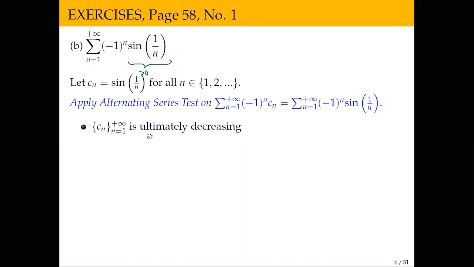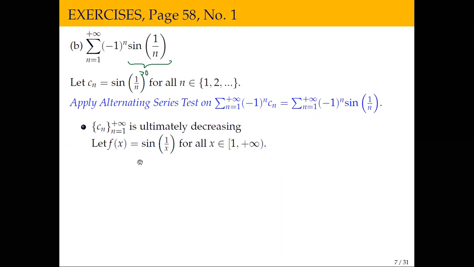So first thing to do is to check whether this sequence is ultimately decreasing. So how do we do that? We first let f of x be equal to sine of 1 over x for all x in this interval. Our interval here is 1 to positive infinity since our n ranges from 1 to positive infinity.